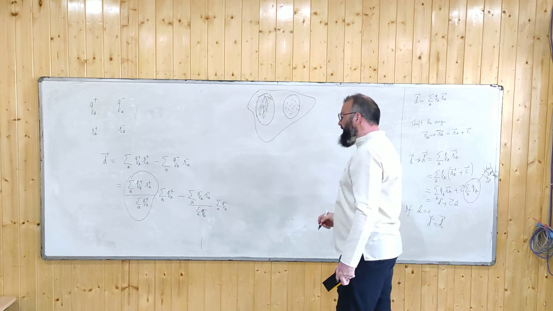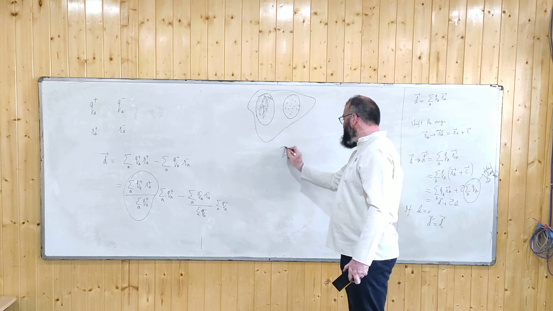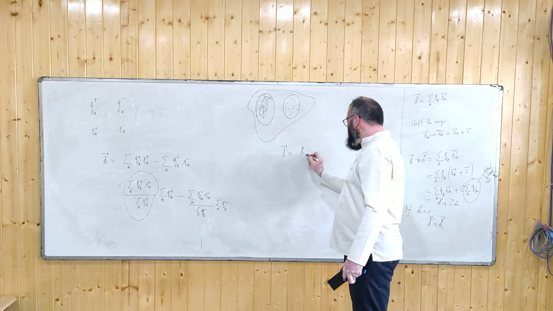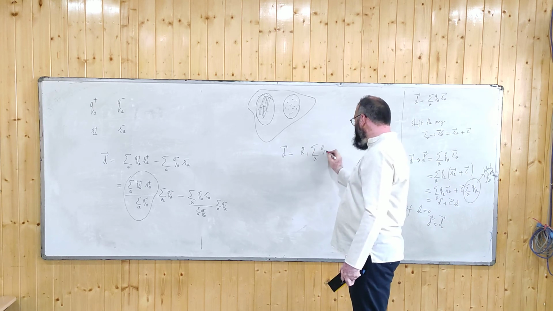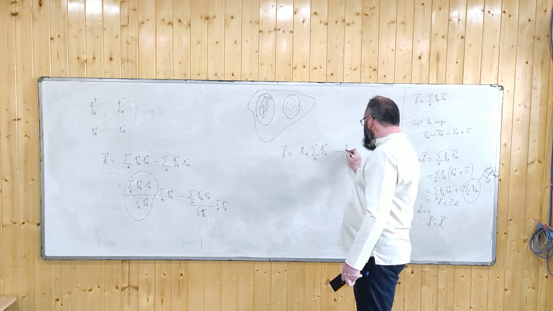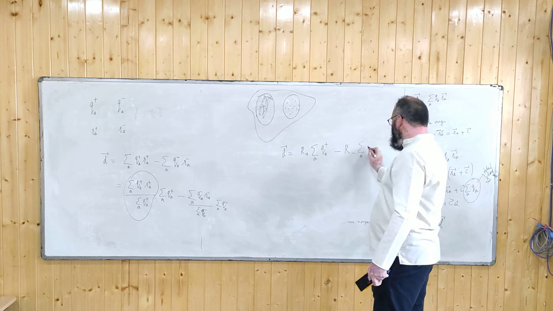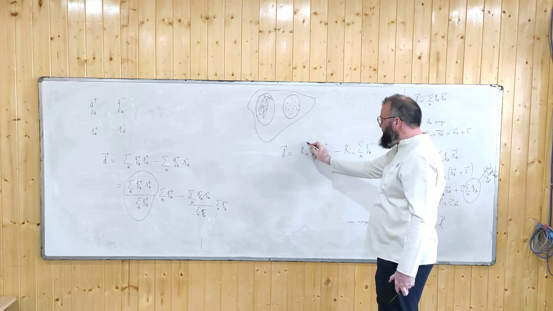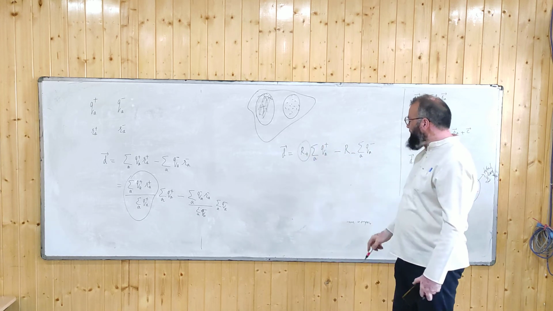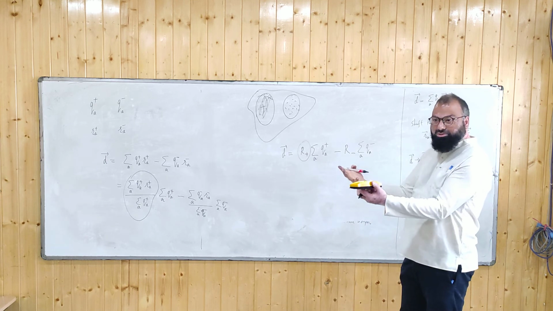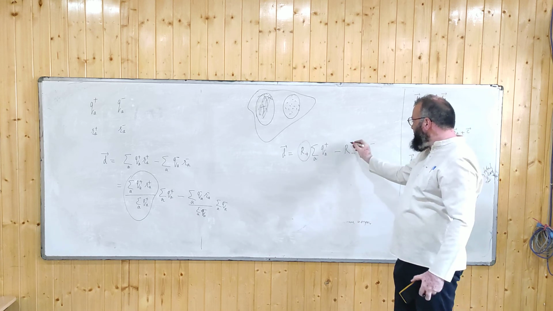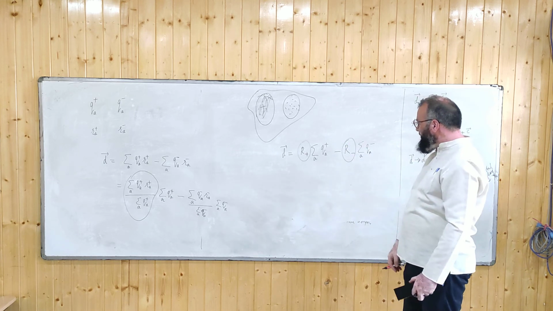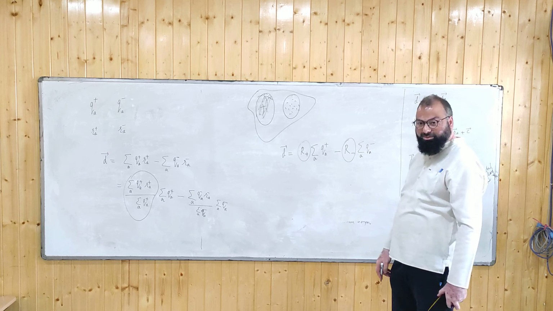Let's call it R plus, because it does not depend on A: summation over A of QA plus, minus R minus summation over A of QA minus. So this is the center of the distribution of the positive charges, and this is the center for the negative charges. Clear?